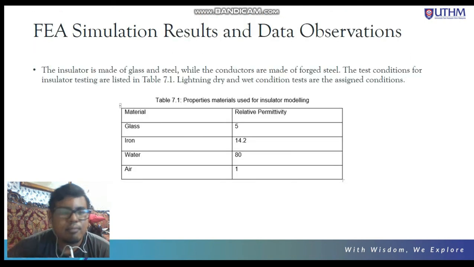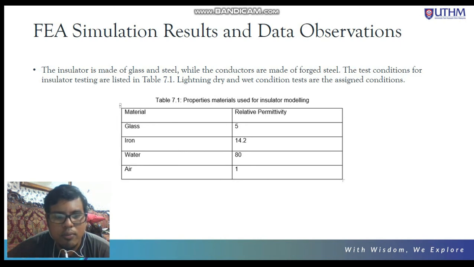Alright, for the next is FEA simulation result and data observation. The insulator is made of glass, and the steel parts are made of forged steel, and the testing conditions for the insulation testing are listed in table 7.1, sorry, and the material and relative permittivity is here.